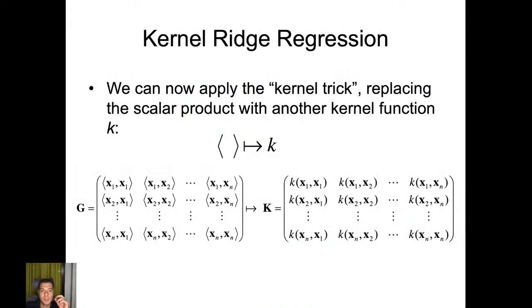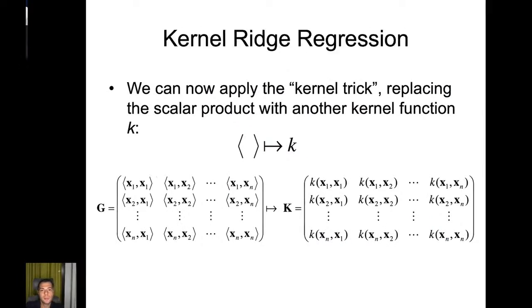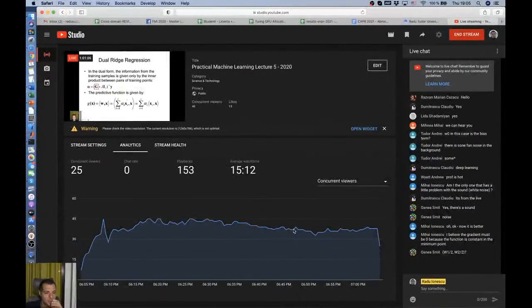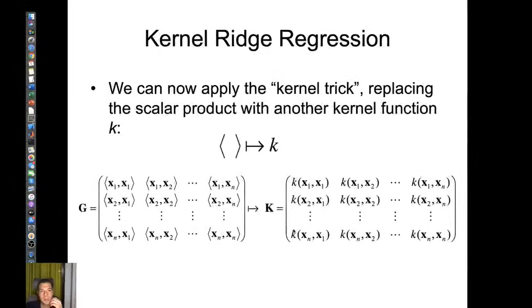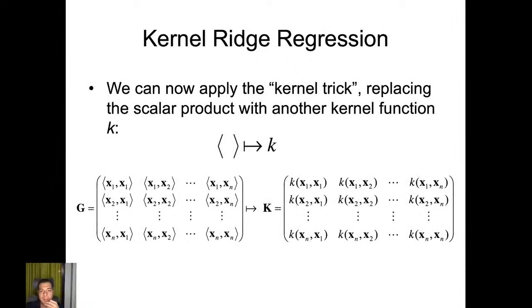Okay, moving on, let me just see if there are any questions. Not so far. All good. Now, as I said before, we can replace the scalar product with any kernel function, and this is called the kernel trick. But first, let us find out what kernel functions we can use here.